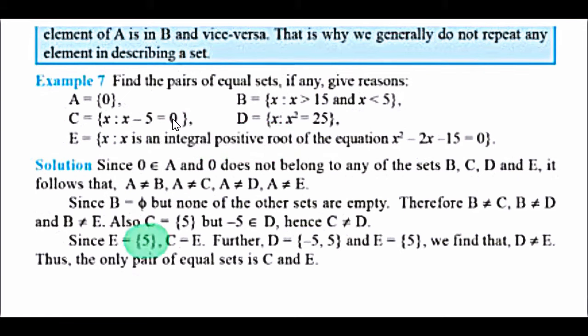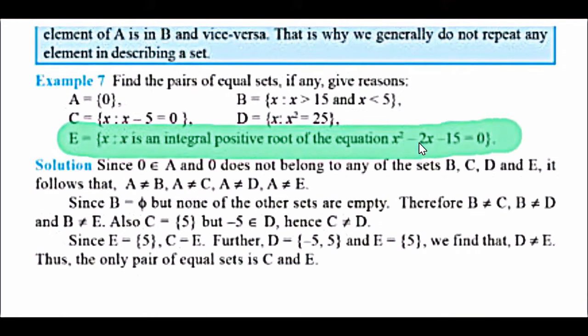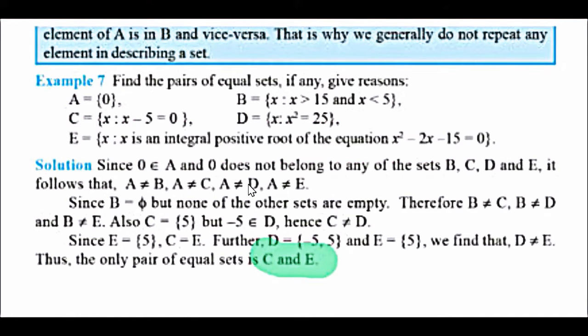In this, you can see that there are only two sets which are equal: x equal to 5, this one, and this E. Why? Because we have discarded x equal to minus 3, since we want the integral positive root. So only sets C and E are equal, otherwise no one is equal.